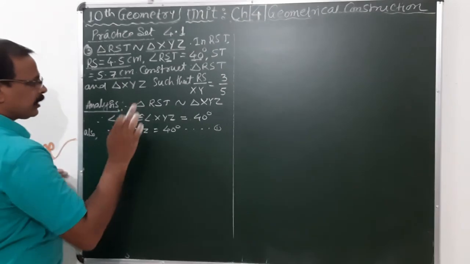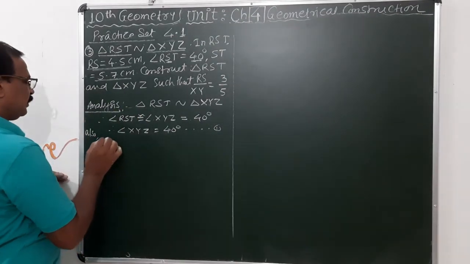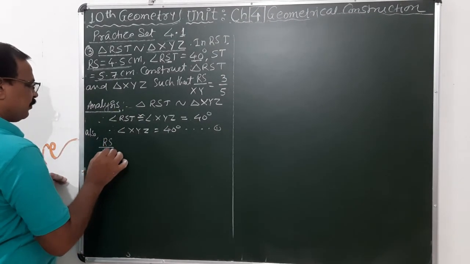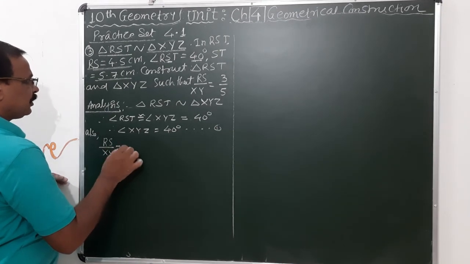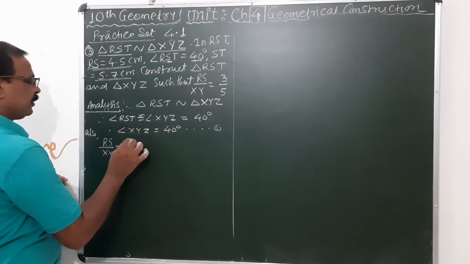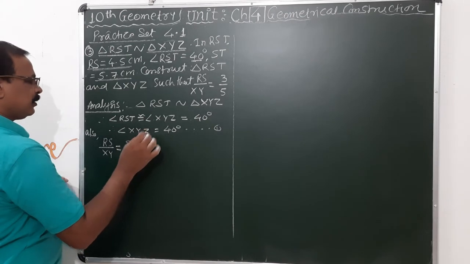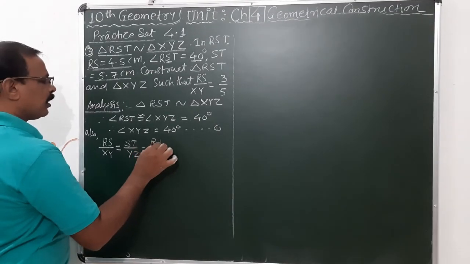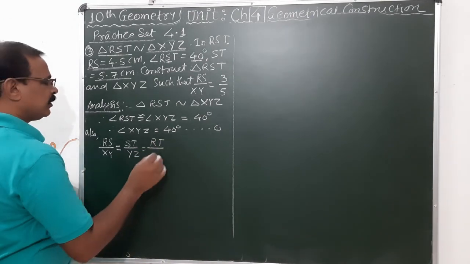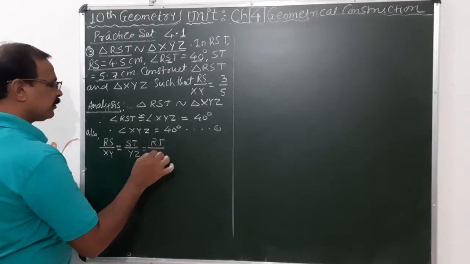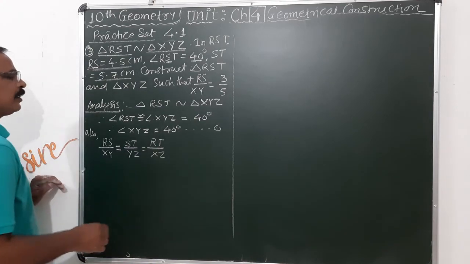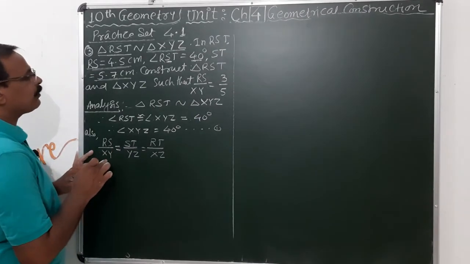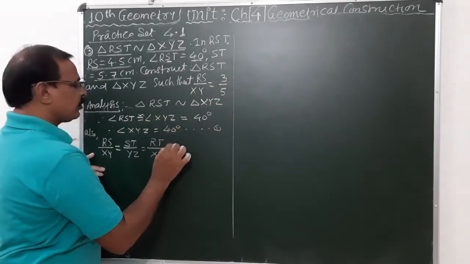Also, here RS and XY is given. RS upon XY is equal to ST upon YZ, which is equal to RT divided by XZ. Now this ratio RS upon XY is equal to 3/5.